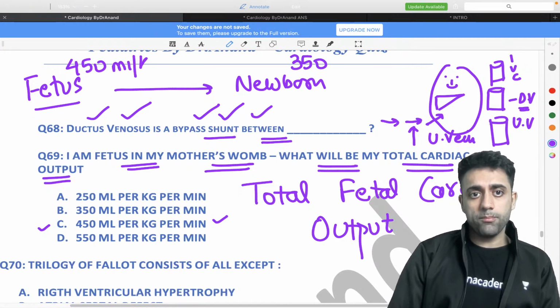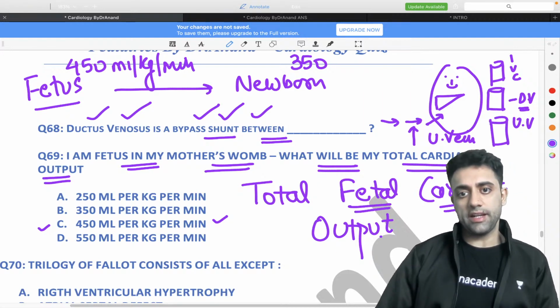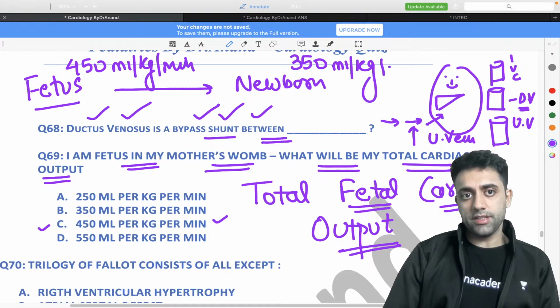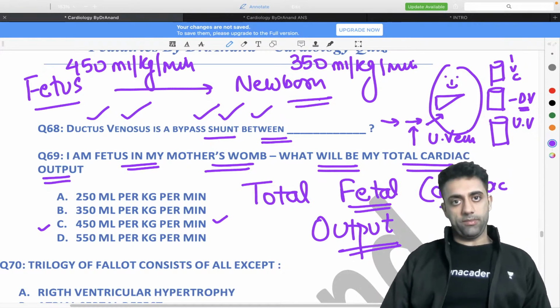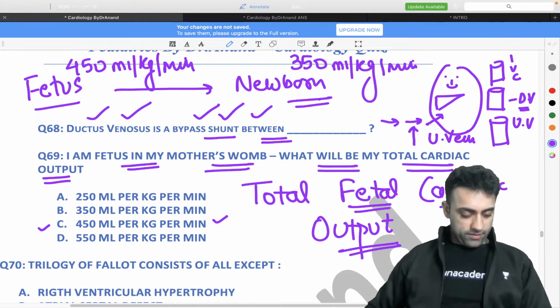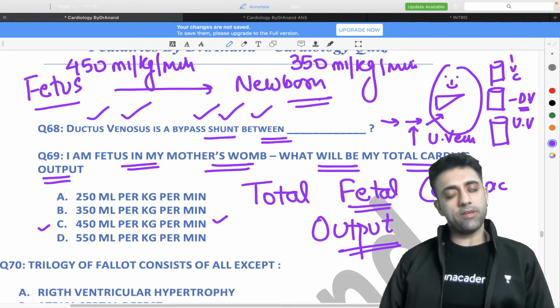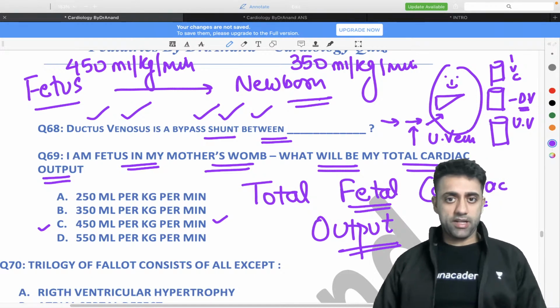450 ml per kg per minute is nothing but total fetal cardiac output. And 350 ml per kg per minute is the cardiac output in a newborn baby. Exactly right, Rachna is right. Neonatal cardiac output is 350 ml per kg per minute. Fetal cardiac output is 450 ml per kg per minute.